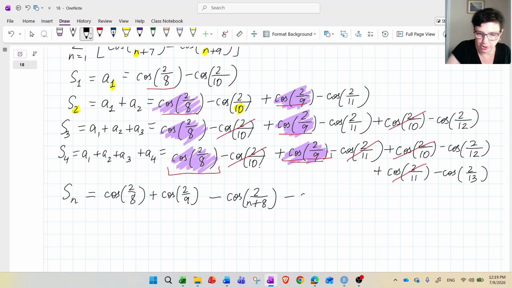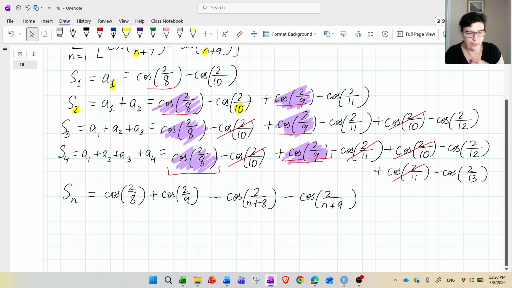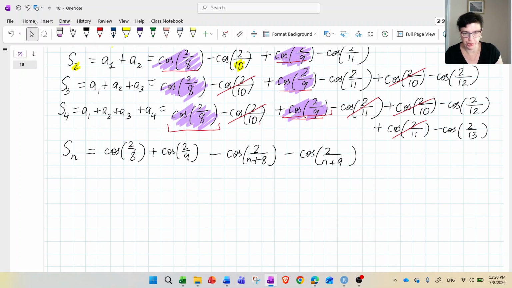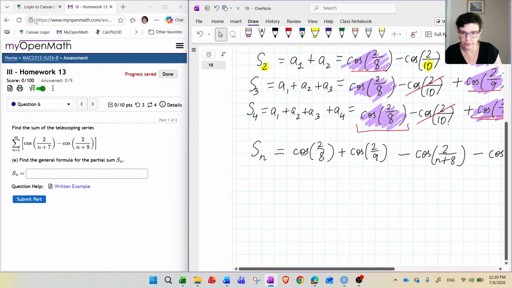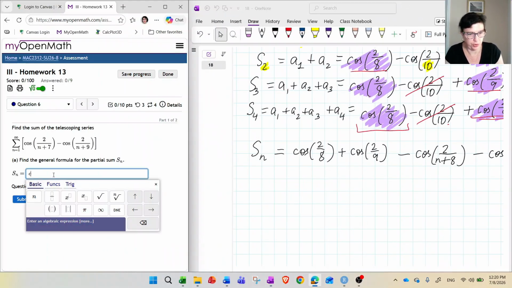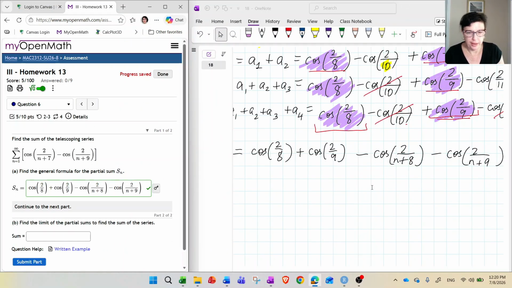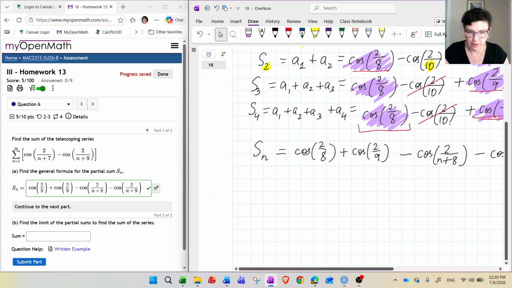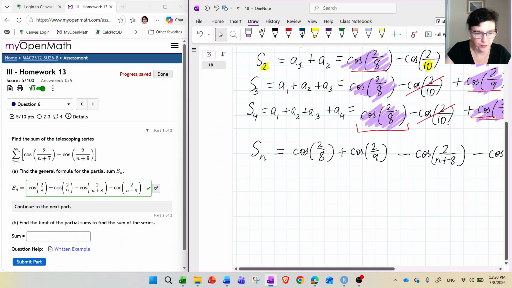Okay, so minus cosine. Now, what about this 2 over 11? For 2, it's 11. How do we get from 2 to 11? Well, we add 9. So now we've got a formula for the partial sum, and we are going to enter that formula in here. So that's our Sn. The next thing is to find the limit when n approaches infinity of the partial sum.